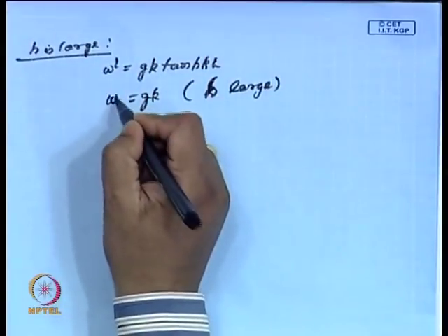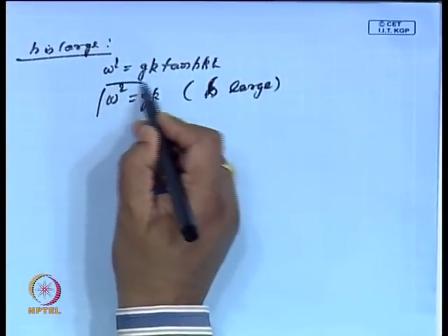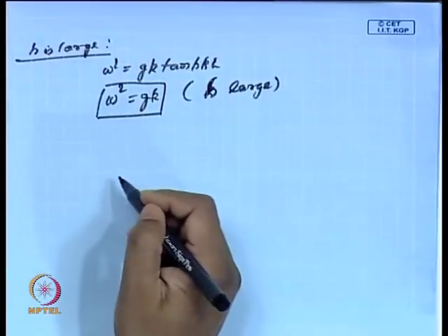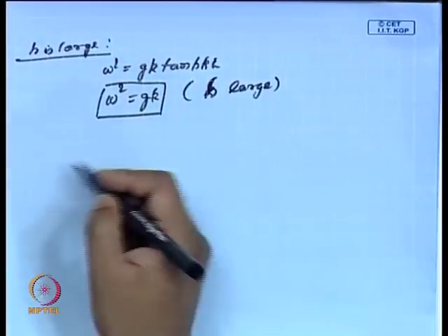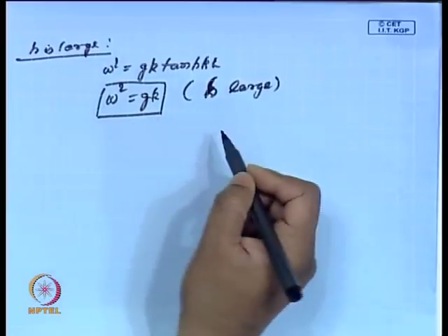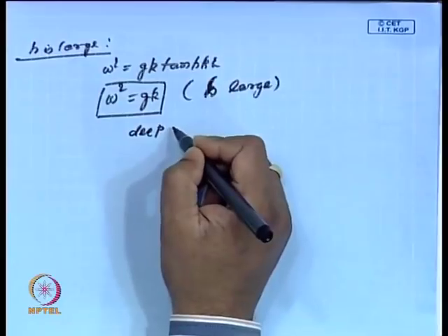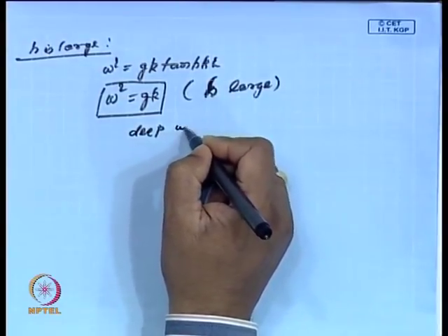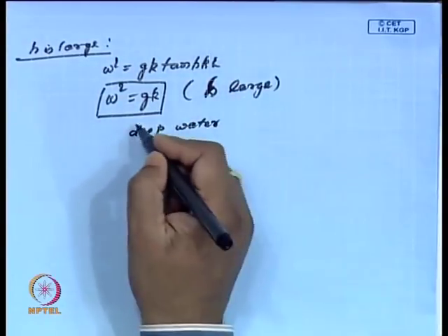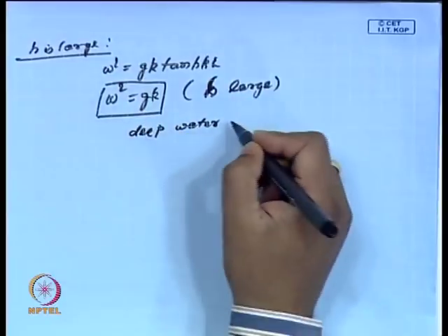That becomes omega square is g k. So it gives me the case of deep water waves. So omega square is g k is the deep water dispersion relation.